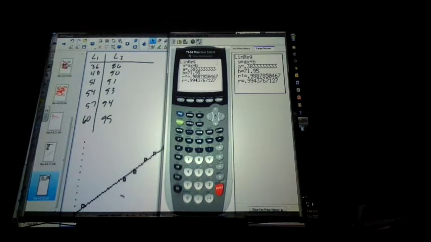All right. So, graph, there's your line of best fit. I want to know what the value of 36 is. So for the value of 36, I'm going to go second, calculate, value, 36, enter, and that gives me 85.75.